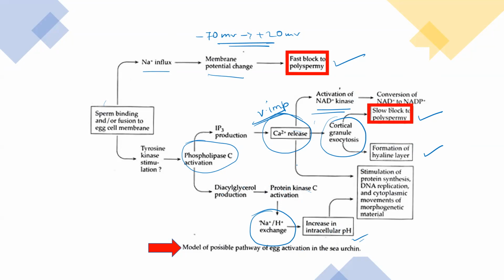These together, the released calcium and this changed intracellular pH, cause stimulation of protein synthesis, DNA replication, and cytoplasmic movements of morphogenetic material. So this flow chart gives you an entire picture of egg activation in sea urchin.